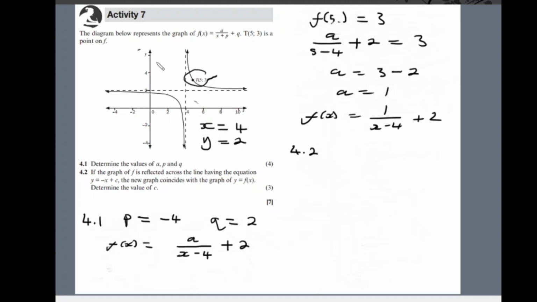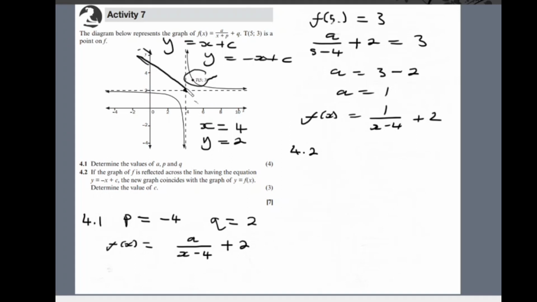I did mention the lines of symmetry will be in the form y equals x plus c and y equals minus x plus c, and those two lines pass through the point where the asymptotes intersect. So the line y equals minus x plus c passes through the point where the asymptotes intersect.